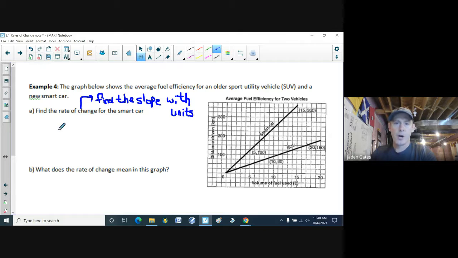All right, so I'm going to do that. So my slope, again, we're looking at rise over run here. And I got 2 vehicles here, the SUV and the smart car. So I'm going to use 2 points. So again, we don't need the SUV, but we do need the smart car. Now, it actually tells me 1 point here, that if I go over 15, this is at a height of 360.